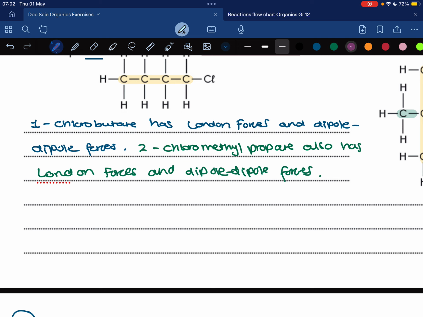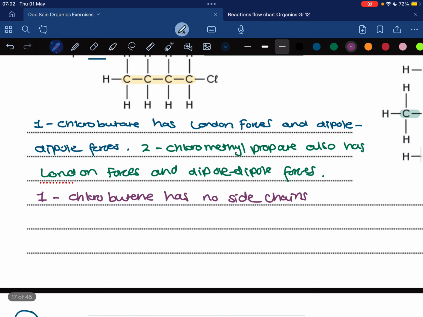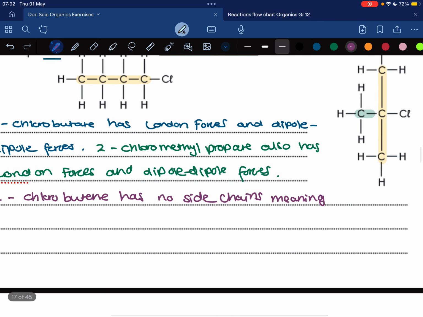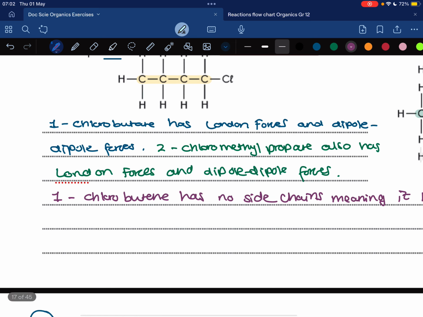We say, well, 1-chlorobutane has no side chains, meaning it has the stronger London forces.